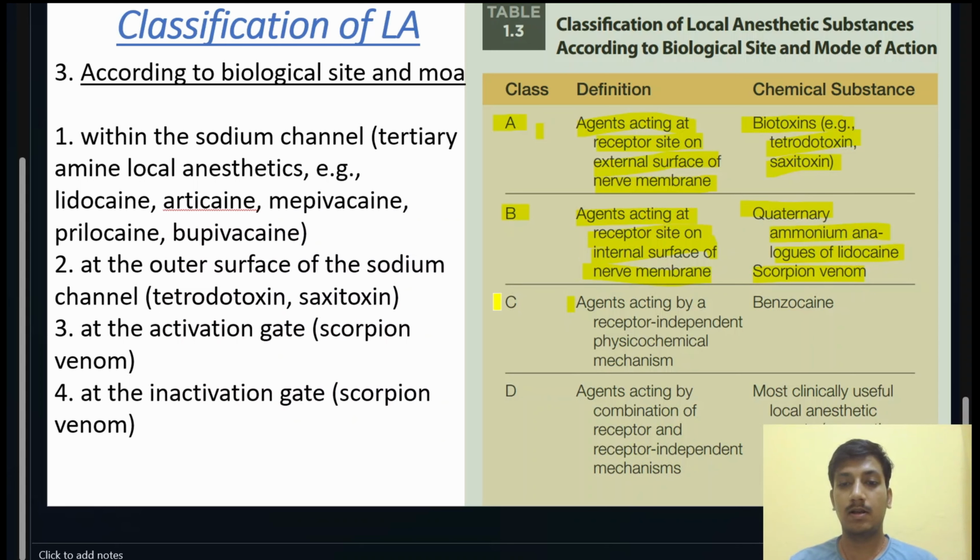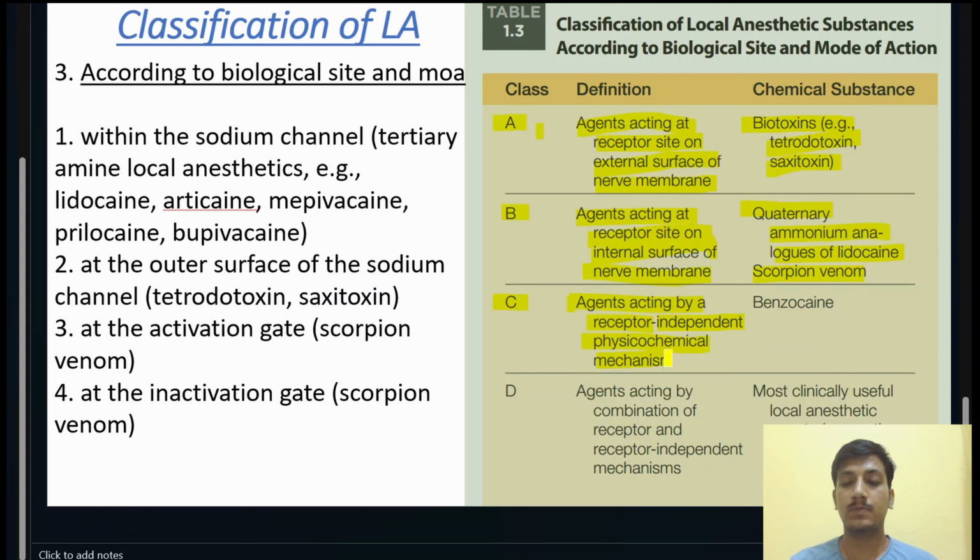Now this class C includes the agents which act with a receptor independent mechanism. Independent means they act by a physiochemical mechanism, as we discussed in the theories of mode of action of the LA, for example the membrane expansion theory.